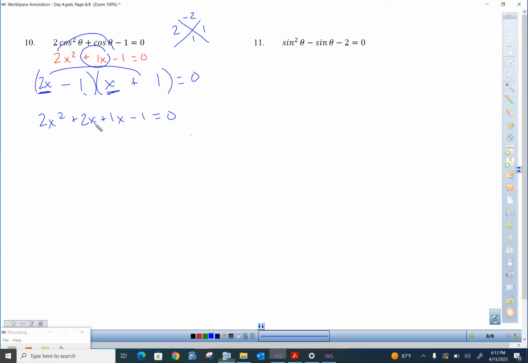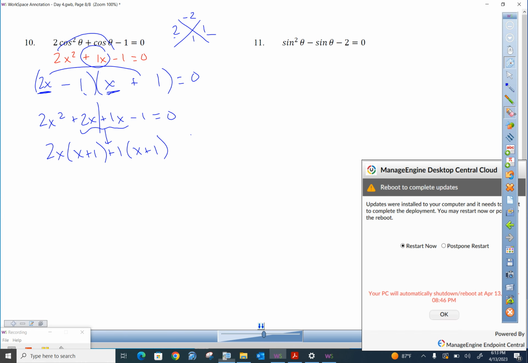Instead of writing this plus 1x, it's replaced with these two things. Then you could group each side. A 2x comes out, leaving you with x plus 1. Over here, the only thing in common is 1. Remember, the sign has to come down. X plus 1 through here. And then from here, oh, I missed my sign on this one.